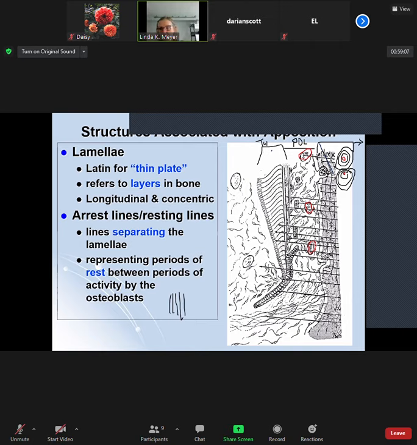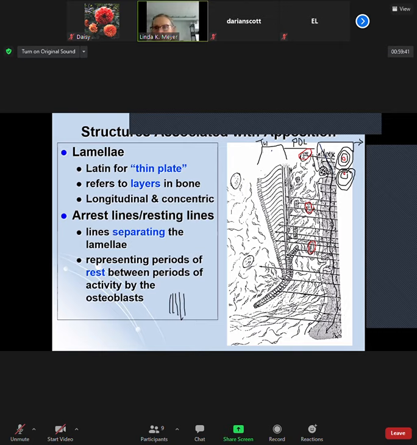So notice separating these layers are lines. I'm not going to go all the way down, but it kind of fades out at the bottom there. That is one of those resting lines, or the borders of these circular layers represent a resting line.